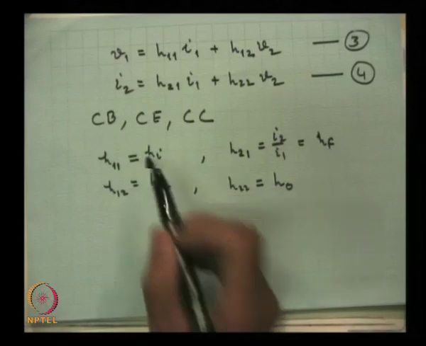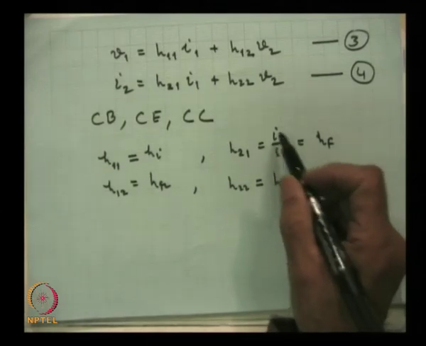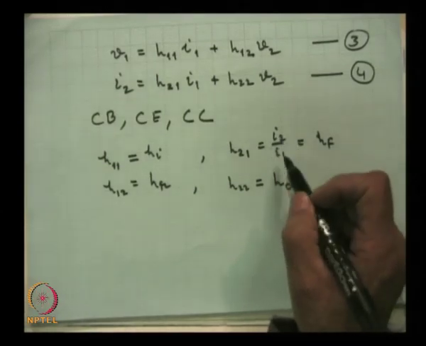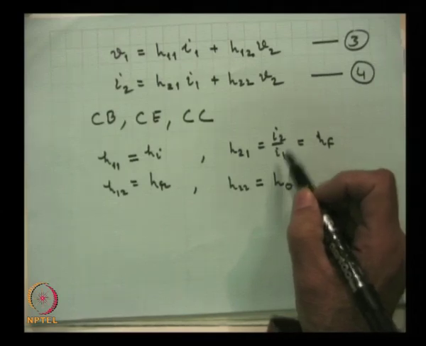So, impedance, admittance, and this is the forward current gain, actually the ratio of the two currents I2 by I1. You remember the fundamental definition of gain for any quantity is output quantity and the same quantity at the input, that gives the gain.